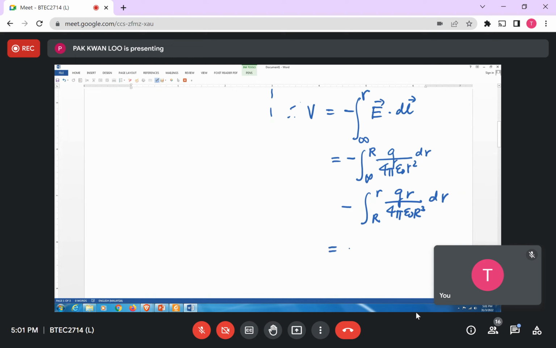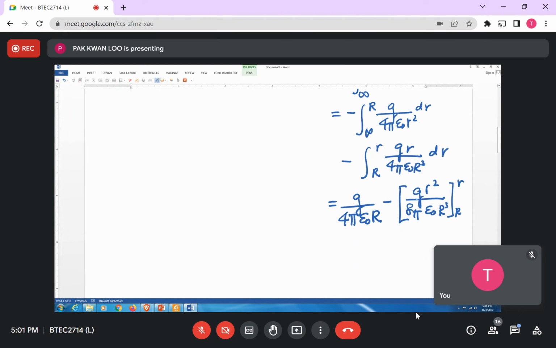So this part here will be Q over 4 pi epsilon naught R. And for this term it is minus Q r squared over 8 pi epsilon naught R cubed, from R to r.